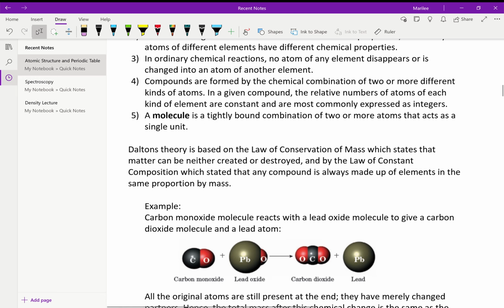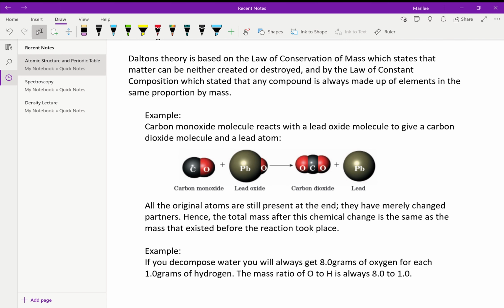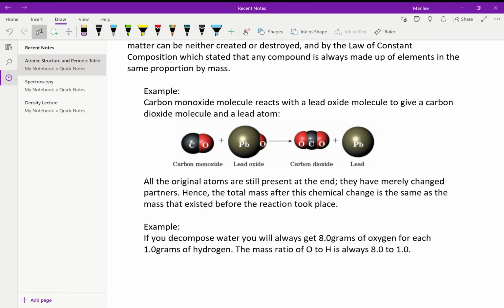So here's an example. A carbon monoxide molecule reacts with a lead oxide molecule to give a carbon dioxide molecule and a lead atom. We see here we have one carbon, one oxygen, one lead, and one more oxygen.